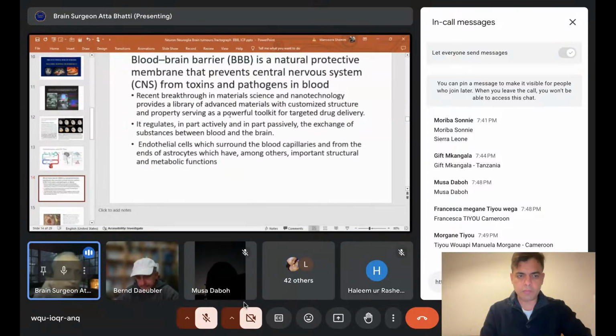There are very few antibiotics or medications which can cross through it. So in chemotherapeutic conditions, at times you have to puncture the subarachnoid space to deliver those drugs in different forms. So that's the blood-brain barrier.